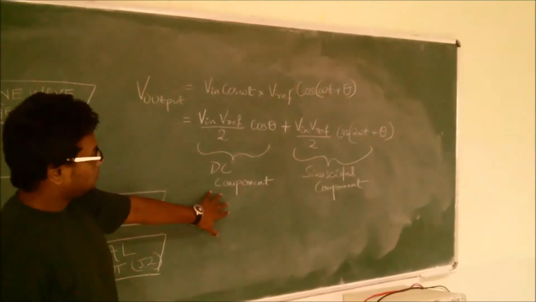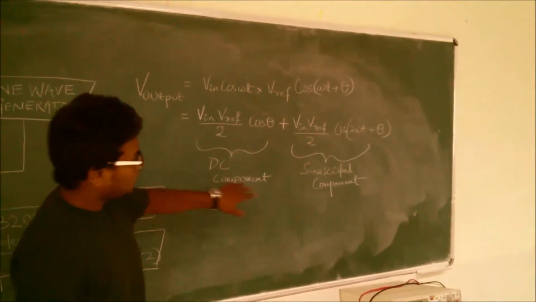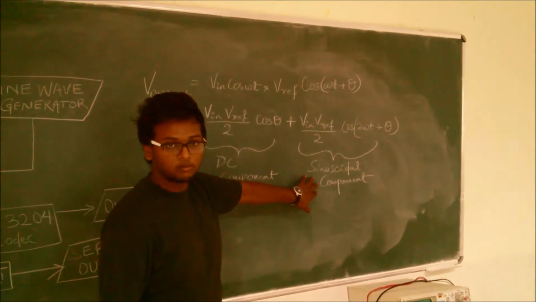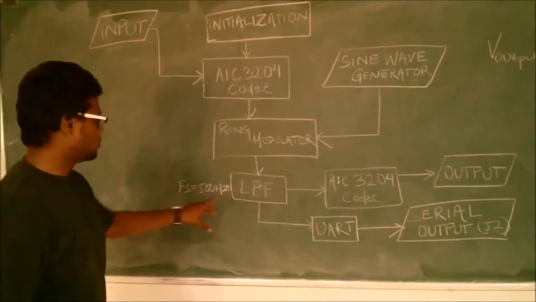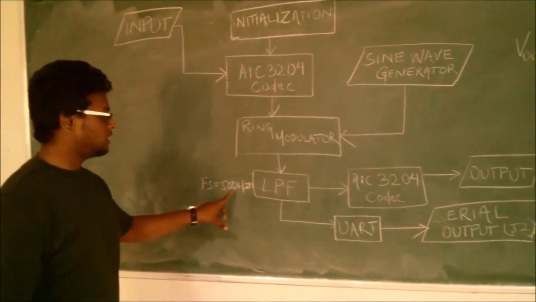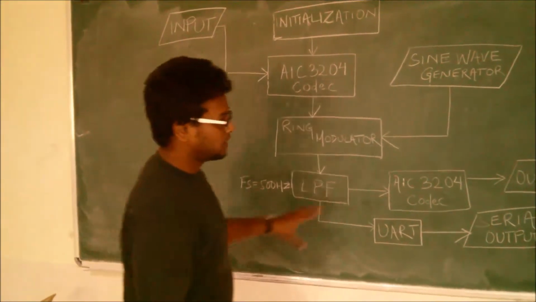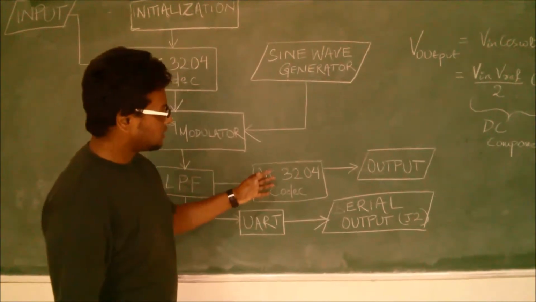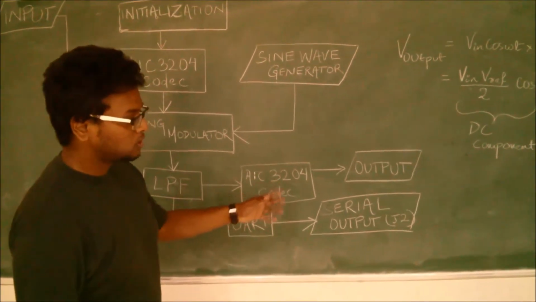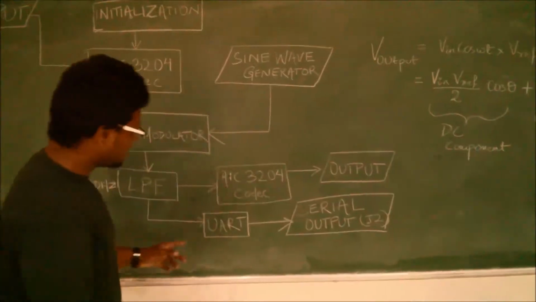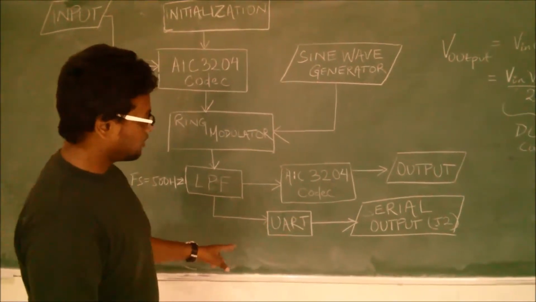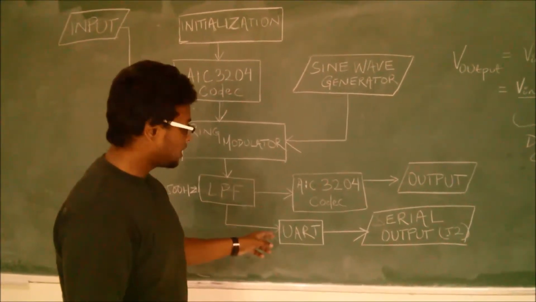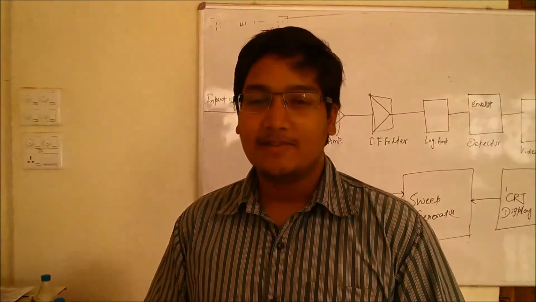The resultant output contains a DC component as well as a sinusoidal component. When they are passed through a low pass filter whose stop band frequency is 500 Hz, the resulting output is given via the TLV320AIC3204 codec through the stereo output, and the serial output is given through the USB port via UART output.